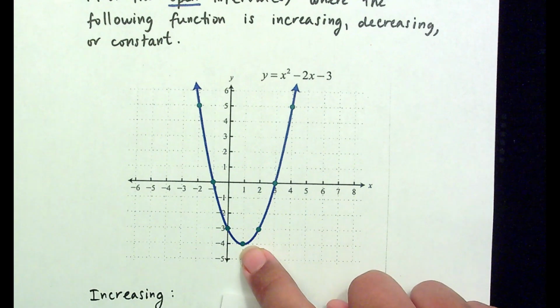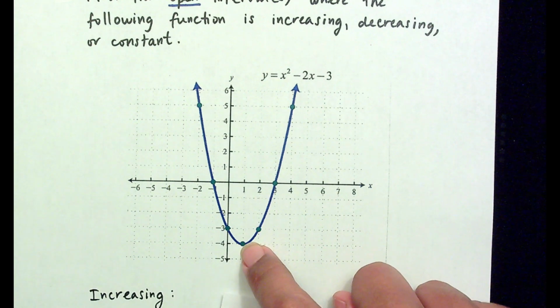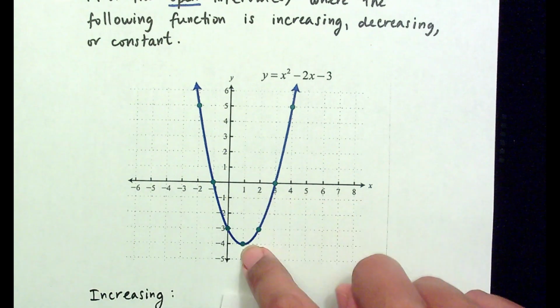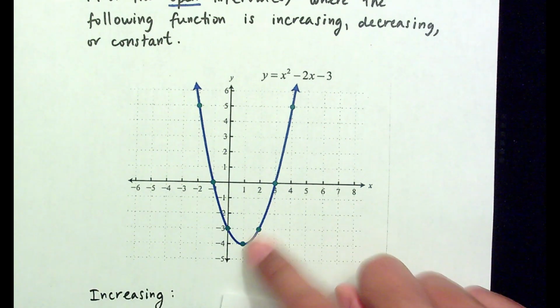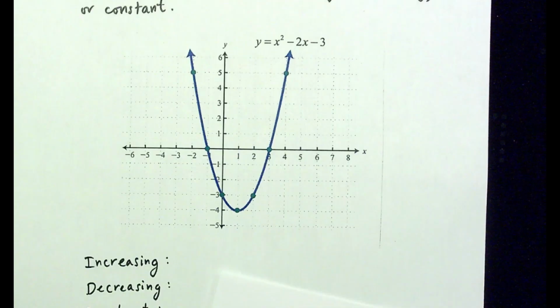So all the way from minus infinity, because the graph keeps going forever to the left, to this point. Now, what is the x-coordinate of this point? Well, you go from minus infinity up to 1. It's the x-coordinate that matters here, not the y-coordinate.